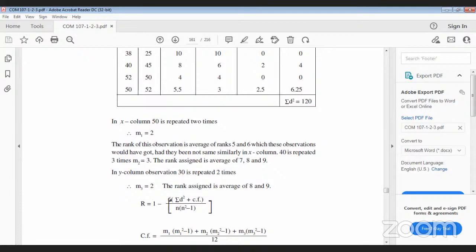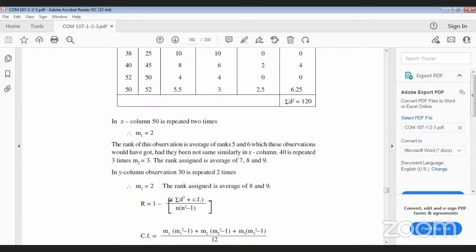M2 is 3, and the rank assigned is the average of 7, 8 and 9: 7 plus 8 is 15, 15 plus 9 is 24, and 24 divided by 3 is equal to 8. In the Y column, you will find that the observation 30 is repeated 2 times. M3 is 2, and the rank assigned is the average of 8 and 9, that is 17 divided by 2, which is 8.5.